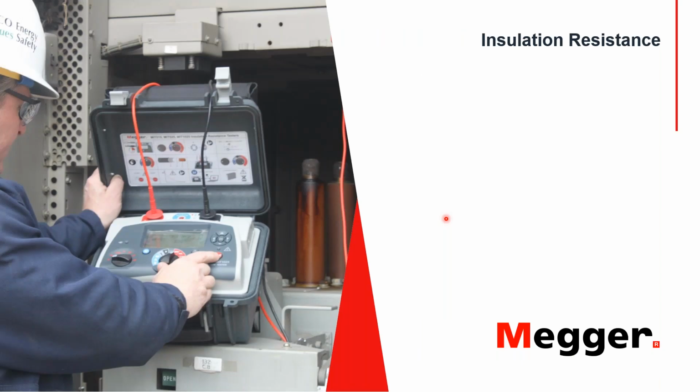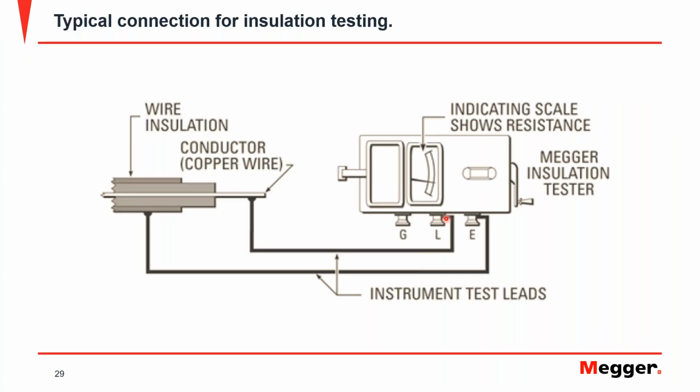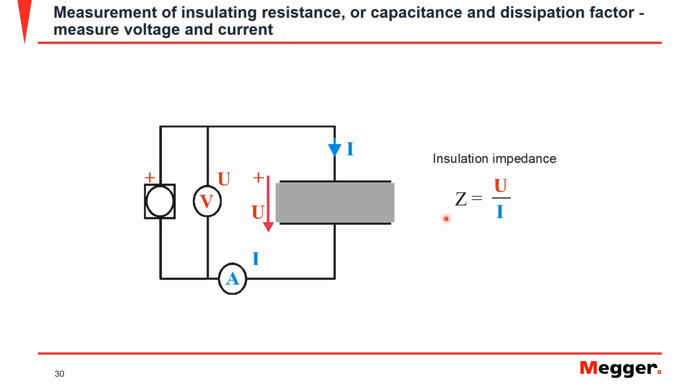Now, the insulation resistance or Megger test is a test that's done using DC. Essentially, what you do is you inject a controlled voltage, you measure the current that circulates, and you calculate the resistance. Remember that the insulating material behaves as a capacitor when you apply voltage to it.